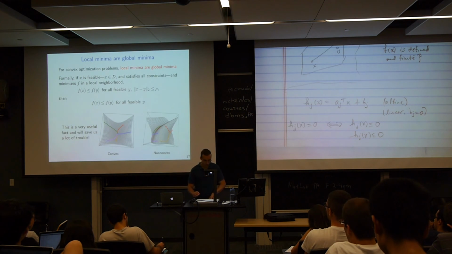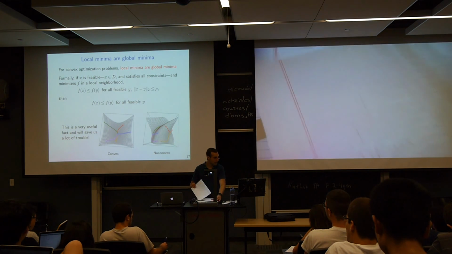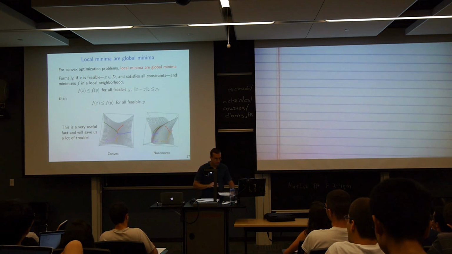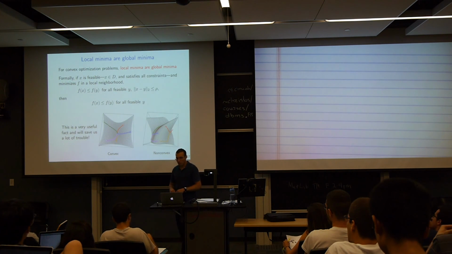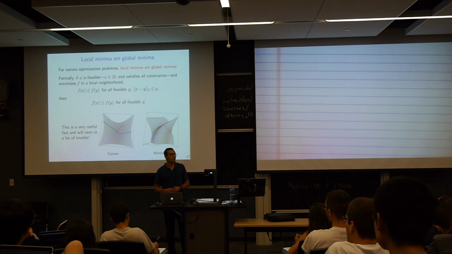Last point we want to make in our first proof in this class is a very important property of convex optimization problems, probably the defining property, I'd say. And that's that local minima are global minima.